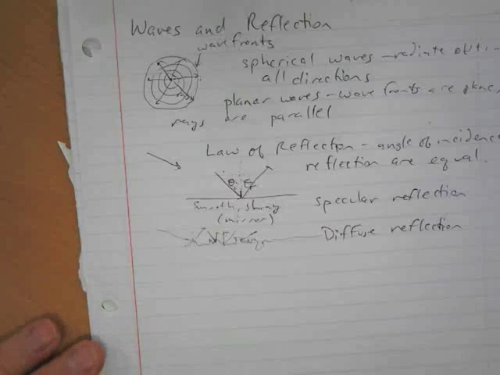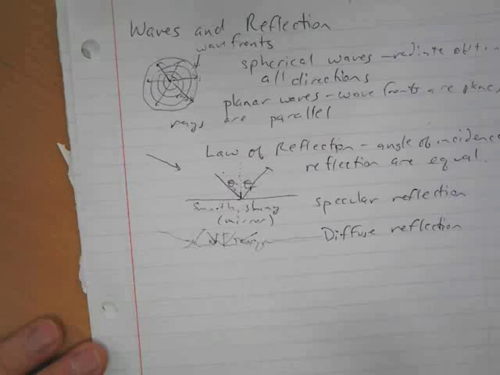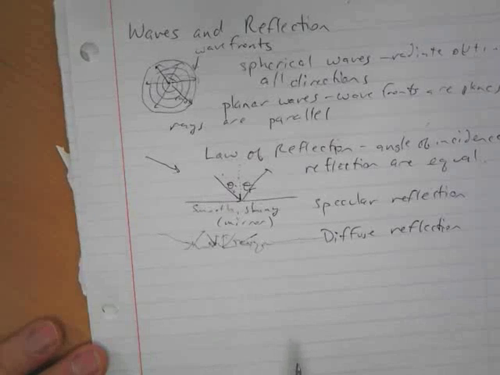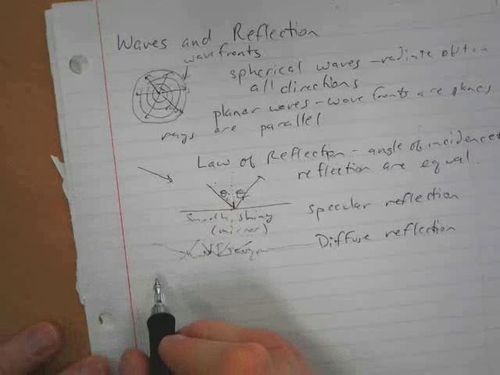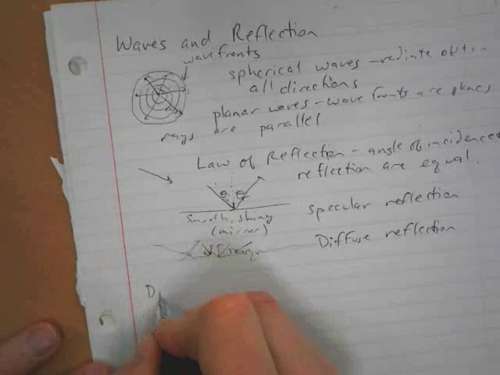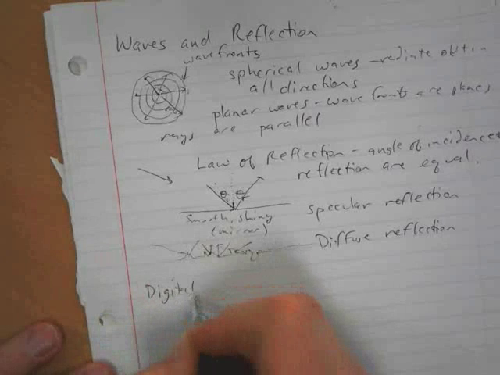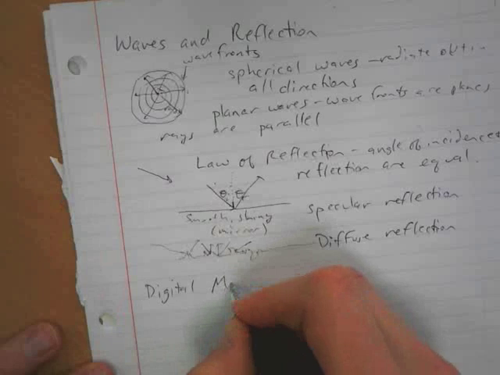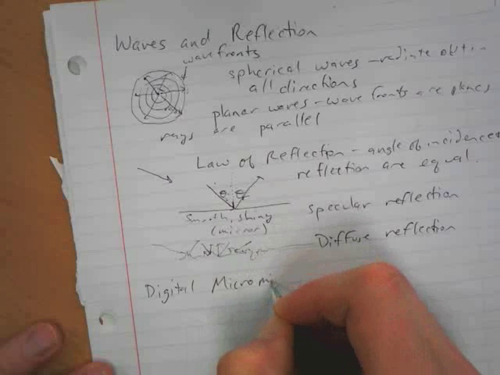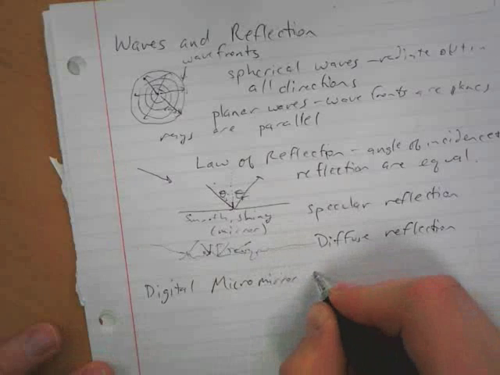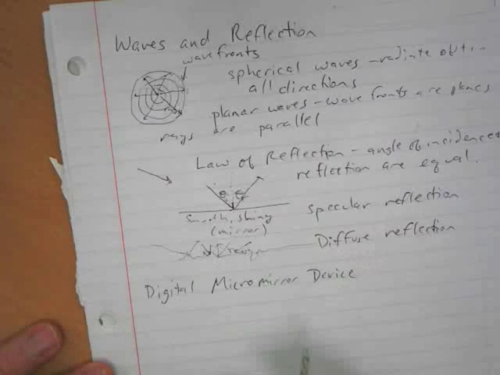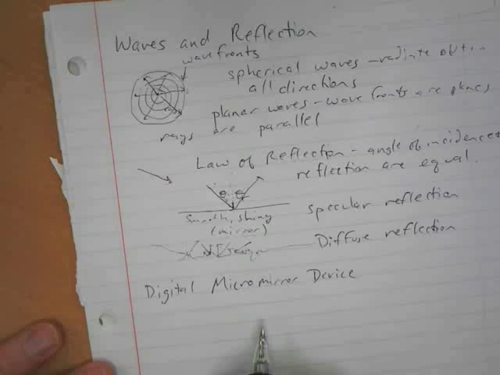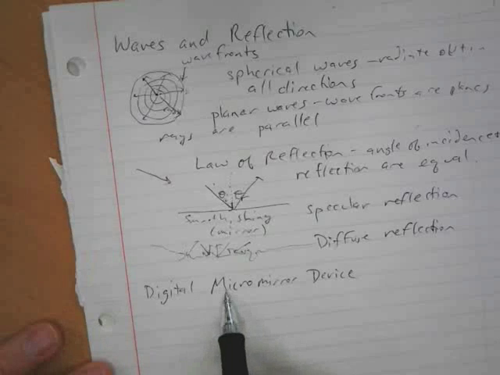Now, there's an interesting application of reflection, which I just learned about recently. It's kind of cool. It's called a digital micromirror device. Basically, the way it works is that there's a bunch of tiny mirrors, and by tiny, I mean really tiny, like micro, micro.